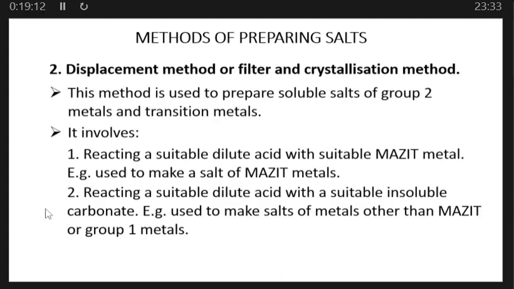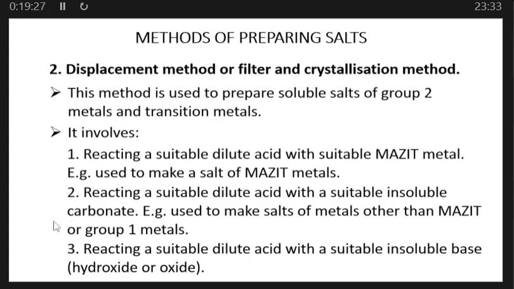All right, so you will see as we continue learning. So let's now look at number 3, reacting a suitable dilute acid with a suitable insoluble base. So you see here there are 3. Either you react a suitable dilute acid with a suitable insoluble base.